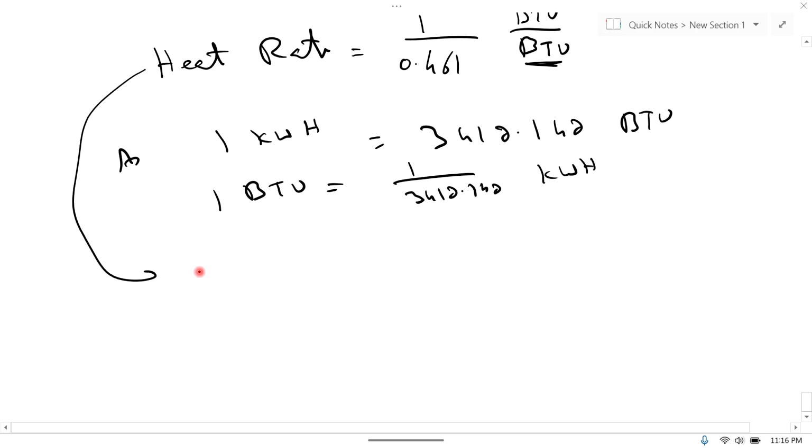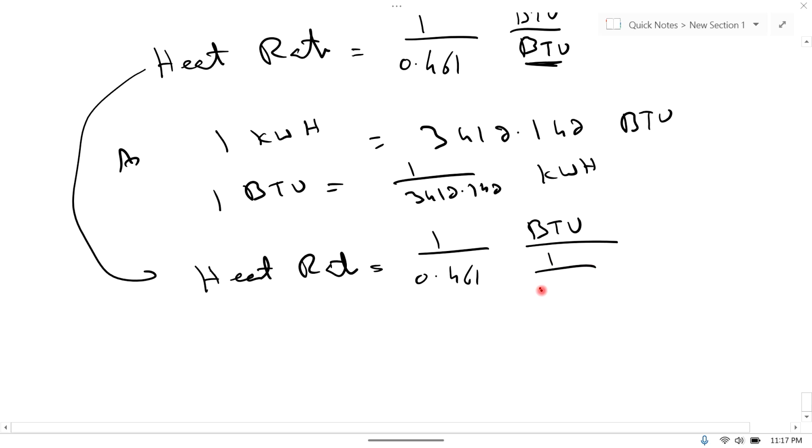So heat rate will be equal to 1 over 0.461 BTU, and converting this BTU to kilowatt hour, which is equal to 1 over 3412.142 kilowatt hour.